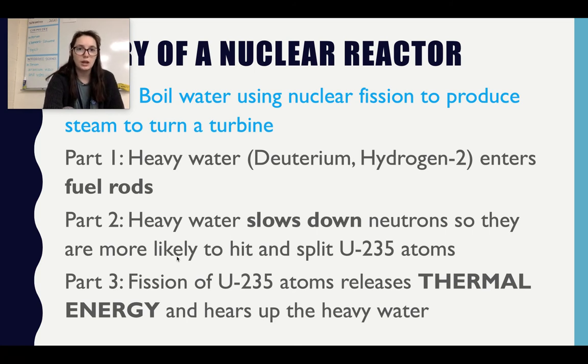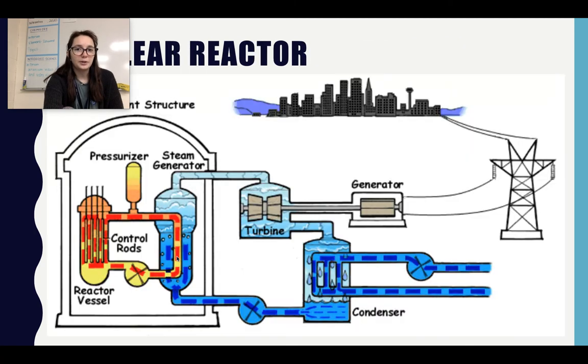I don't want to split other ones. After my water slows down the neutrons, they start hitting my U-235. The fission of U-235 atoms releases what we call thermal energy, or kinetic energy, and it heats up the heavy water. So I start having my reaction happen, it gets hot, and I start getting some steam.